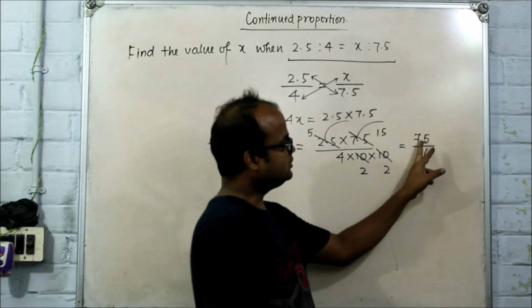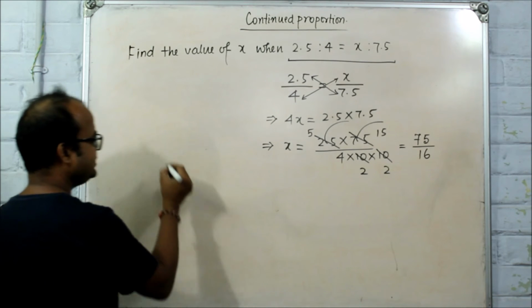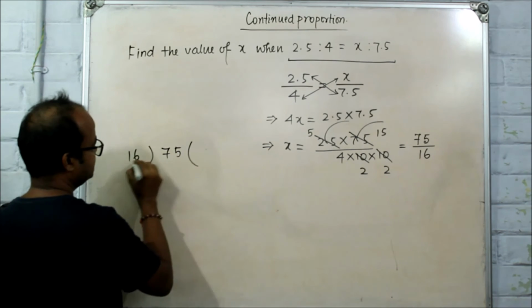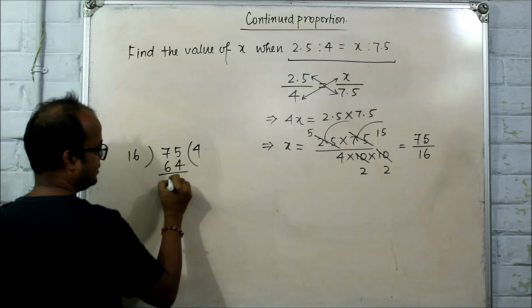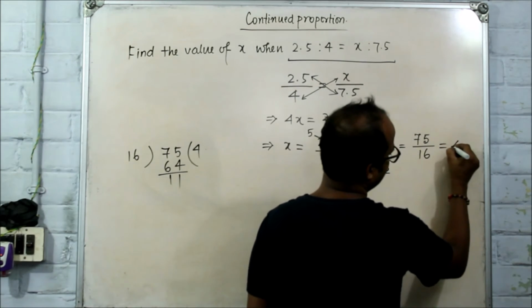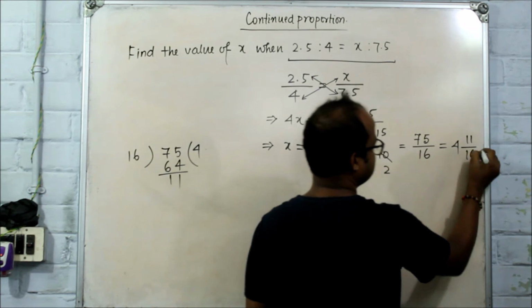Now 75 by 16 you can convert into a mixed fraction or decimal. So your answer will be 4 11 by 16.